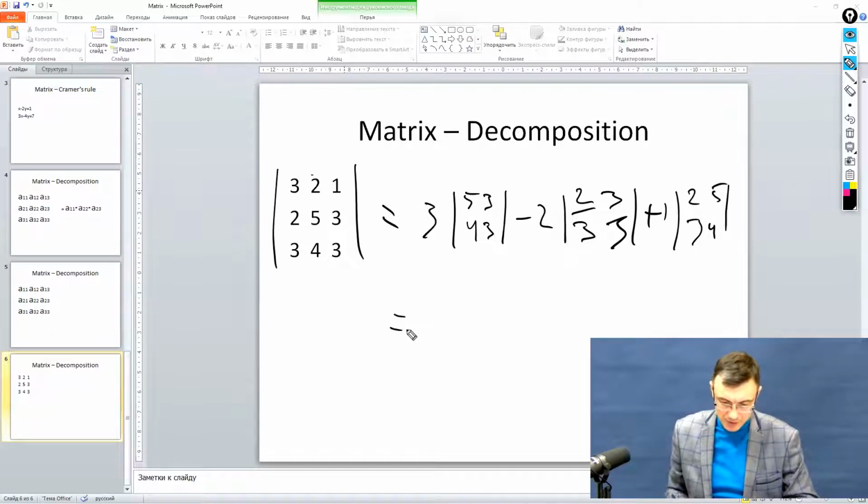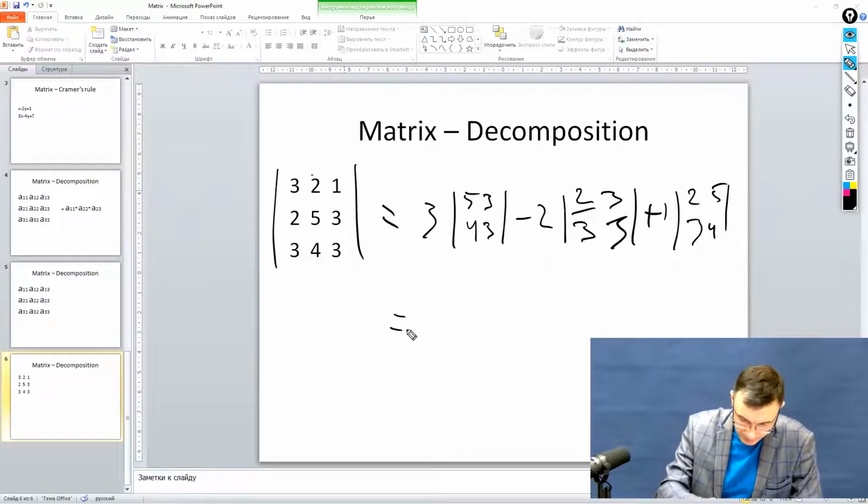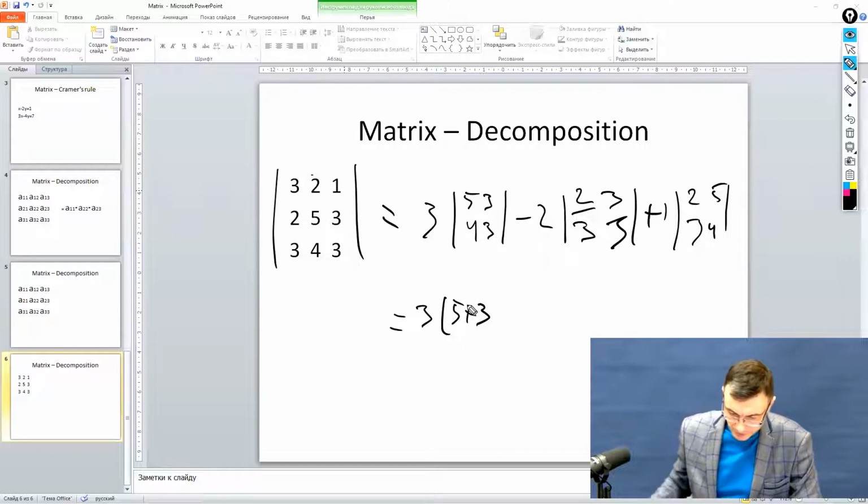Then we calculate by diagonals as usual. This is a product, not a sum.